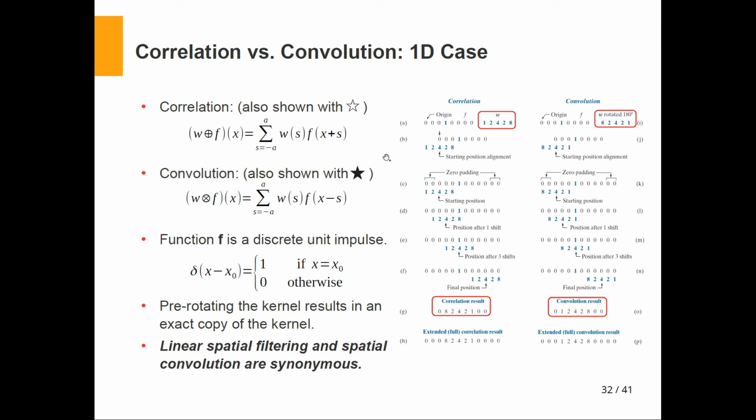But in addition to correlation, we have another concept called convolution, which is usually shown by a black star or a circled multiplication sign. As you can see, instead of multiplying w of s with f of x plus s, here we multiply w of s with f of x minus s.